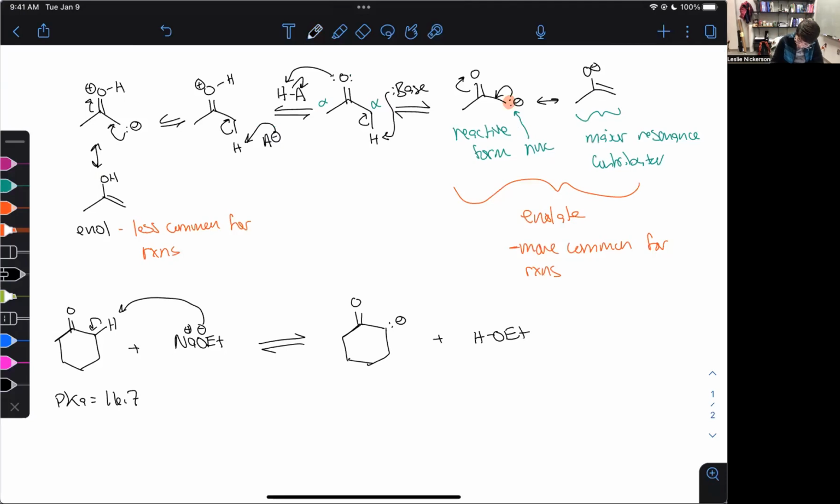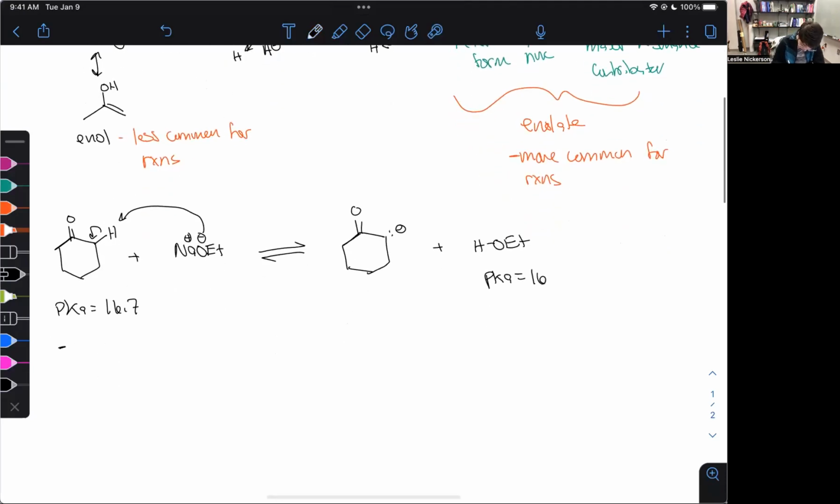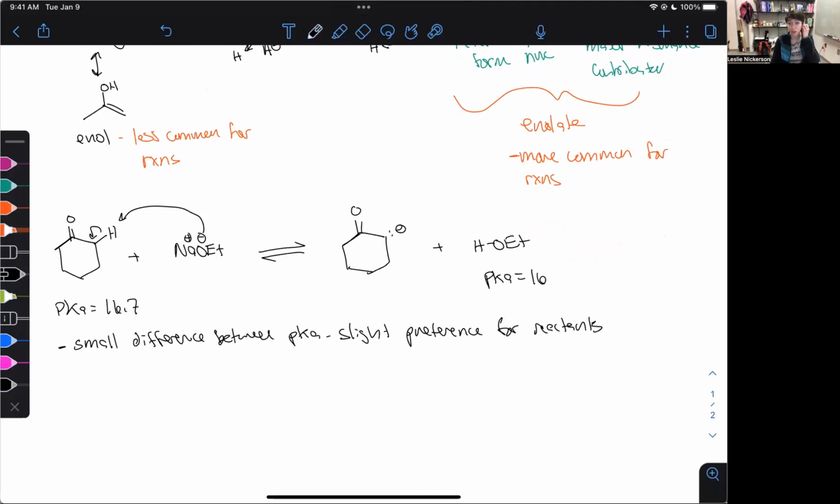Okay, so ethanol has a pKa of about 16. So if we look at that, we have a very slight preference for the reactants in this acid-base reaction. So there's a small difference between the pKa's. So we've got a slight preference for the reactants because that's the larger pKa side.